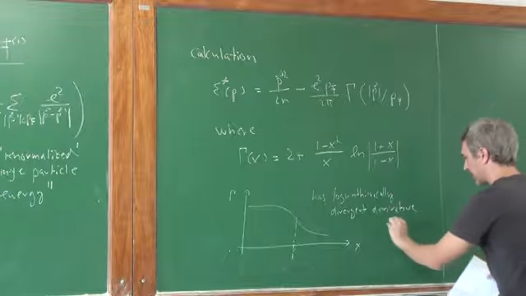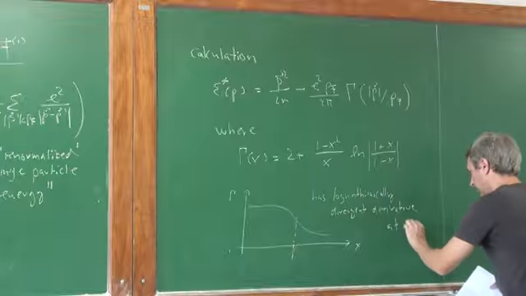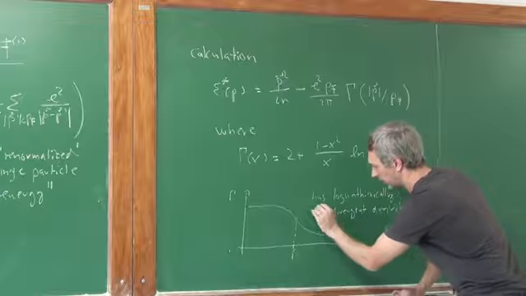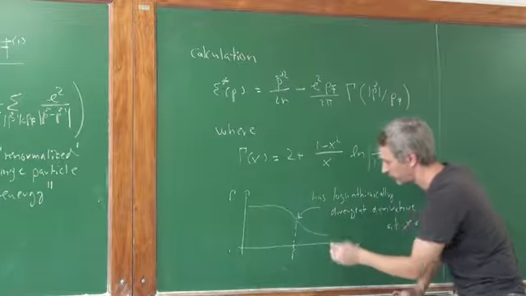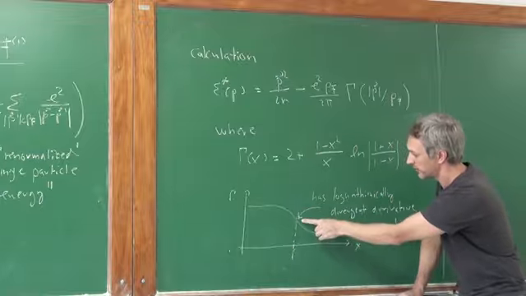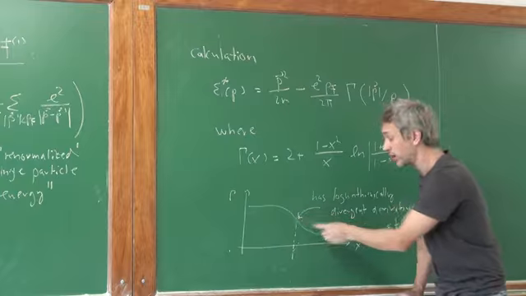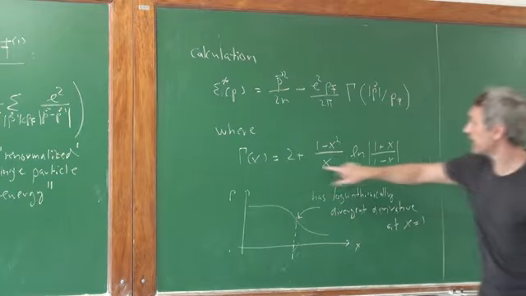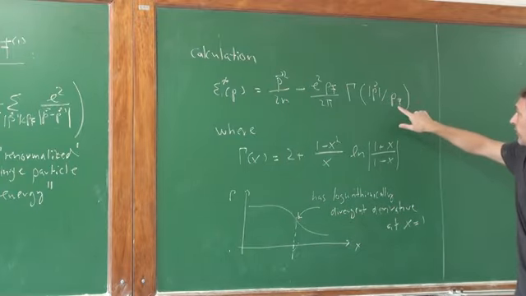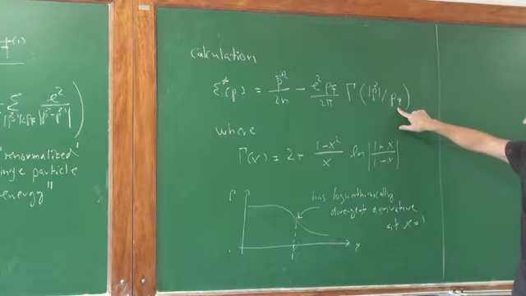You can just confirm this by taking derivatives. You find a divergence at the value x equals 1. Now x equals 1 is measured in units of the Fermi momentum. This means there is a divergence of this derivative at the Fermi momentum.